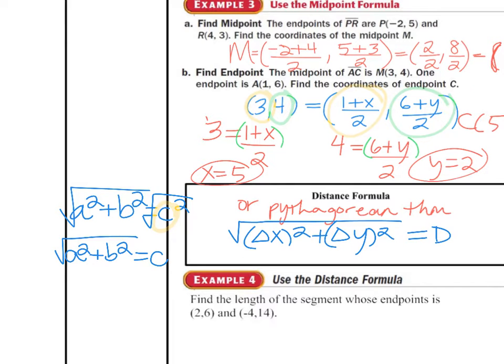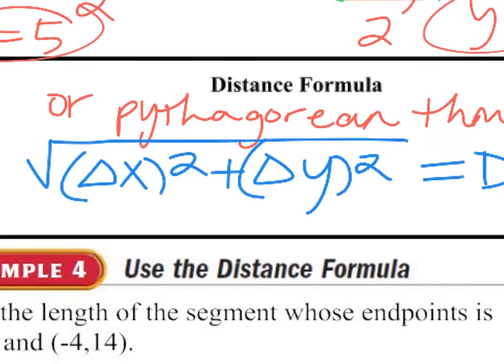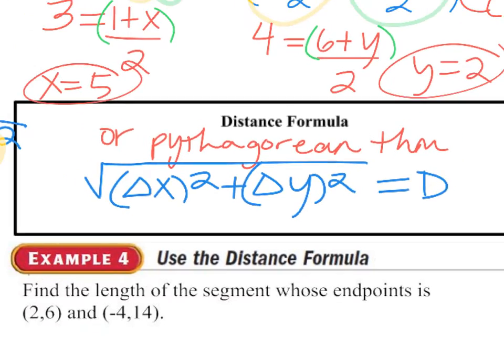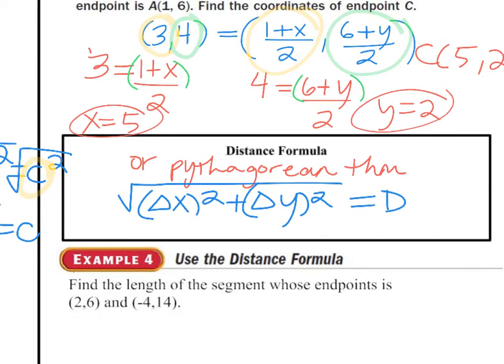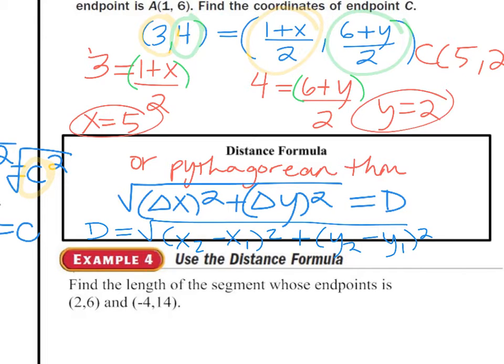The actual distance formula, so that's how I like to write it, but here's what you're going to see most of the time. And it's really long and it's kind of obnoxious, but here we go. Parentheses, x2 minus x1 squared plus y2 minus y1 squared, and you take the square root of all of that.